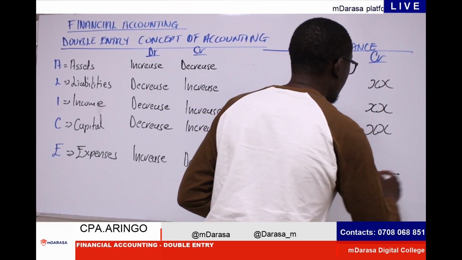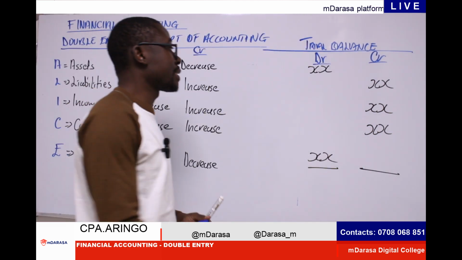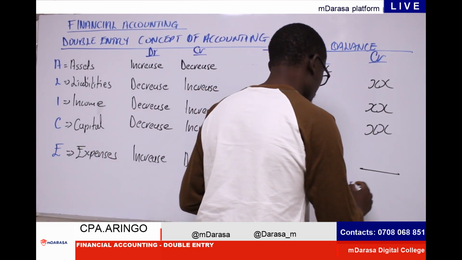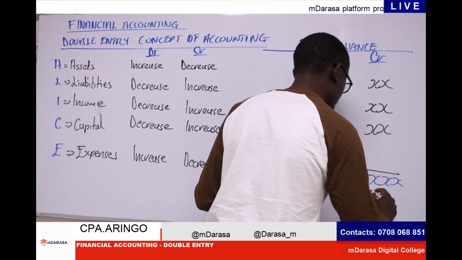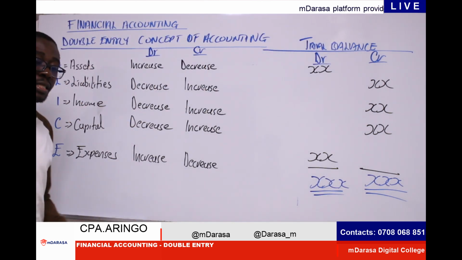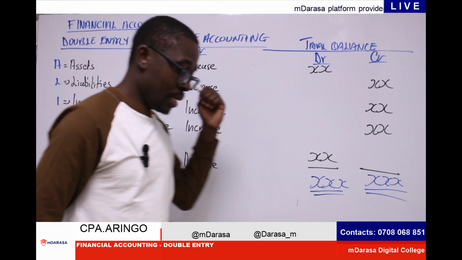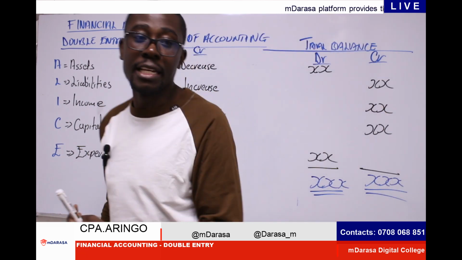So that at the end of the day, my good students, in our trial balance, the debit side must always be equal to the credit side. This will confirm that the double entries were done properly.